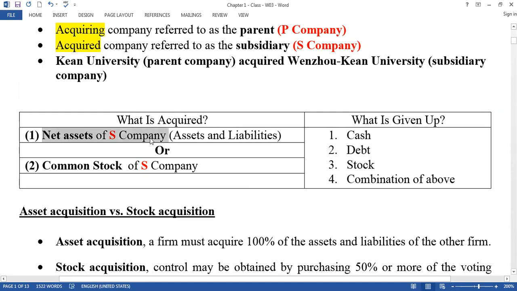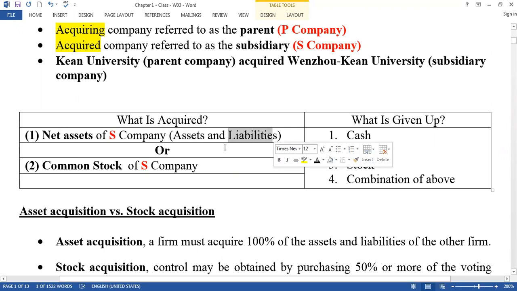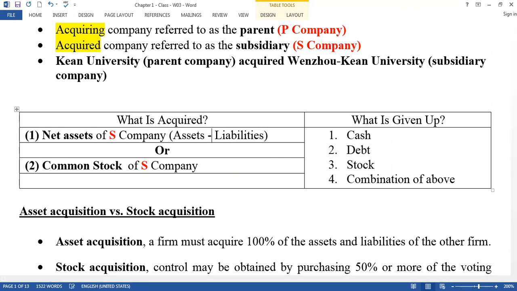One option is to buy all of their assets and all of their liabilities. Why? Because net asset means assets minus liabilities. If you buy their assets and their liabilities, it means that you buy their net asset. This is one option to acquire another company.